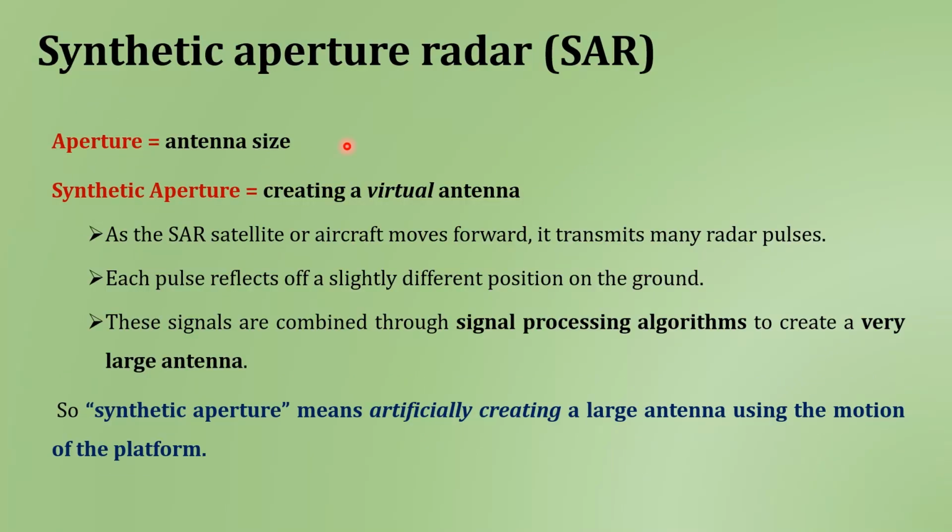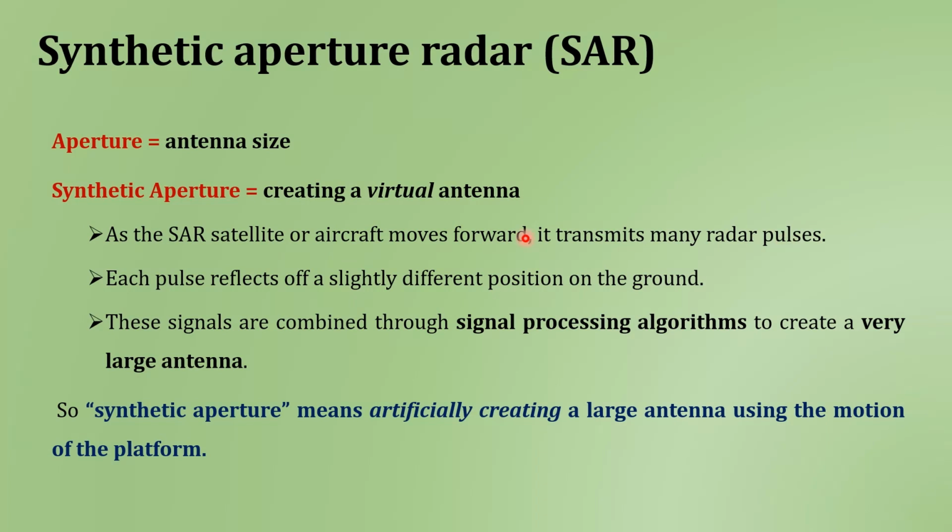Now let us understand the concept of synthetic aperture radar. In this terminology, aperture means antenna size and synthetic aperture means a virtual antenna. So in the synthetic aperture radar, as the platform moves forward, the system transmits many radar pulses towards the terrain.